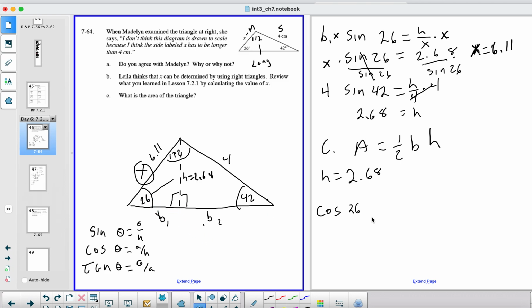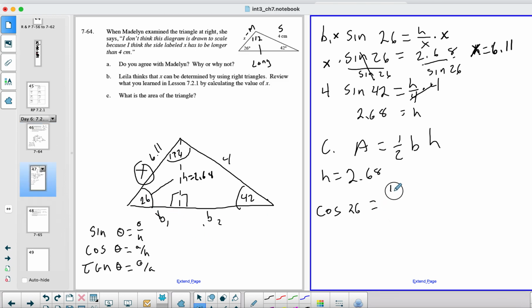So the cosine of 26 will give me B1 over 6.11, and the cosine of 42 will give me B2 over 4.